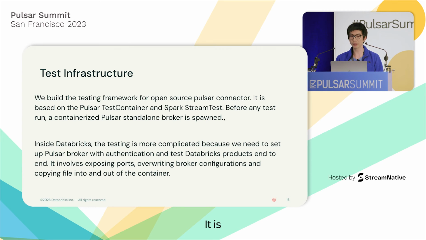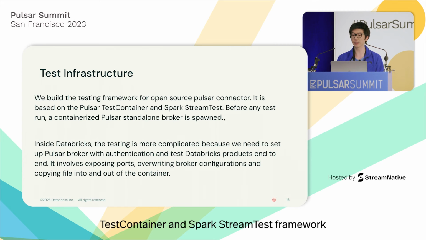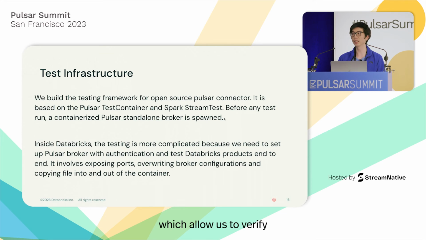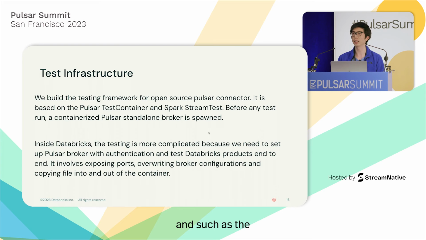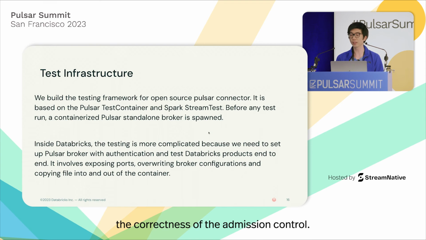It is based on the Pulsar test container and the Spark streaming test framework, which allow us to verify different aspects such as delivery guarantee, metrics calculation correctness, and the correctness of the admission control.